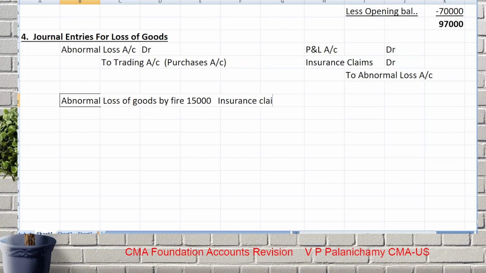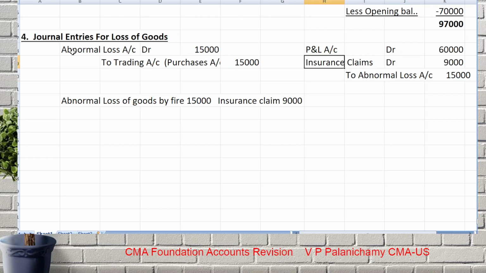Insurance claim we recovered 9,000. So first abnormal loss account debit to trading account or purchase account 15,000. Then insurance claim 9,000, we'll adjust that. Balance will be transferred to which account? P&L account.